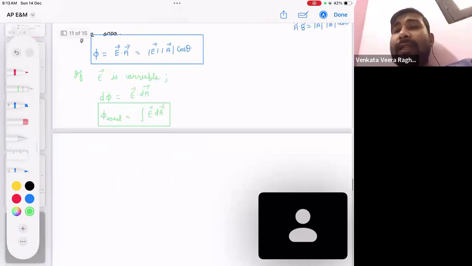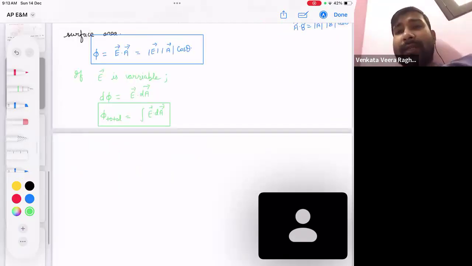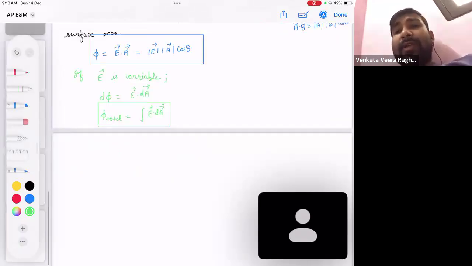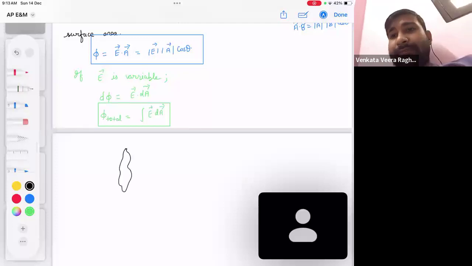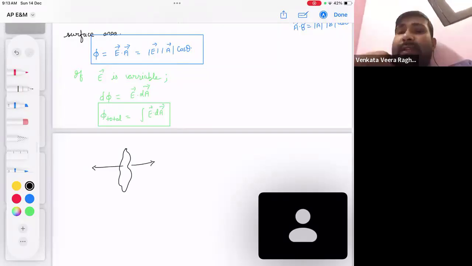Now, for the electric flux, we follow some convention and that convention comes from the dot product only. Like if I say there is a cross section area, and electric field lines are entering it, there is no problem. You can take this as your normal vector or this as the normal vector, and both will be correct.